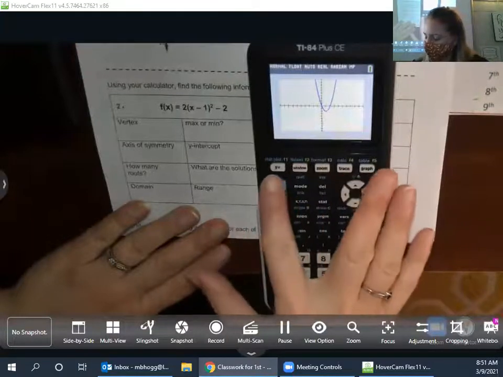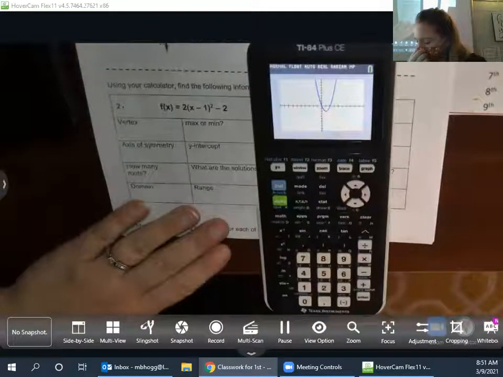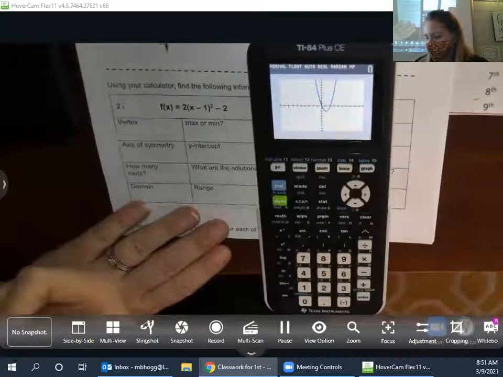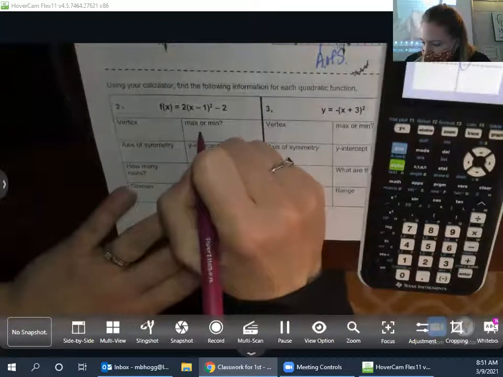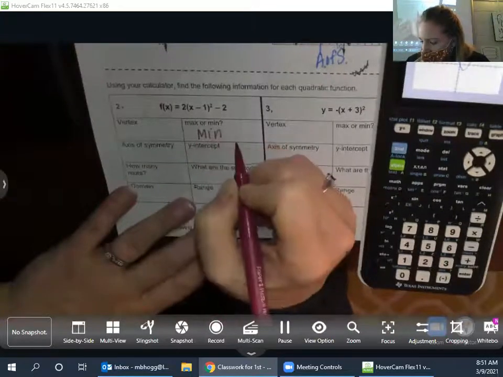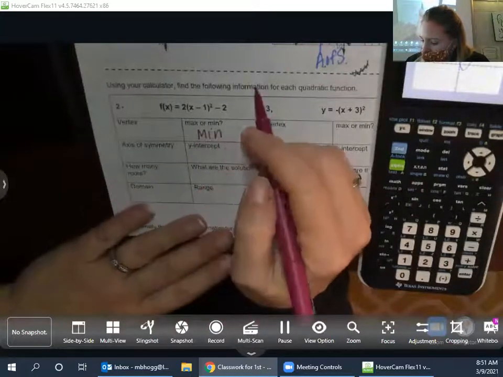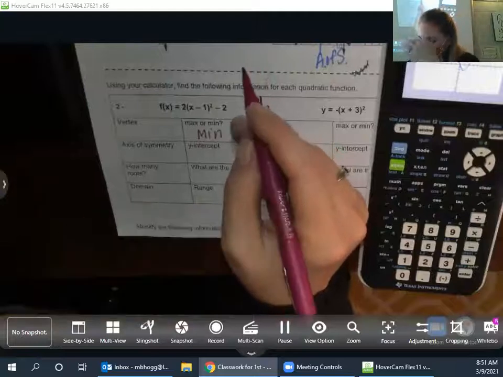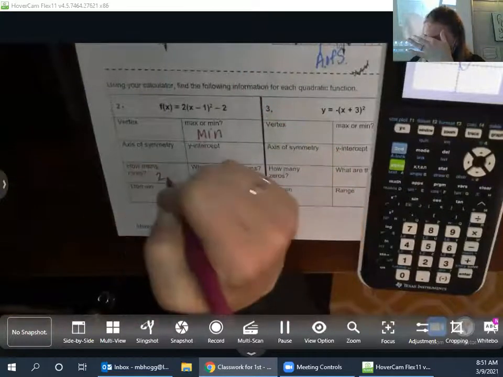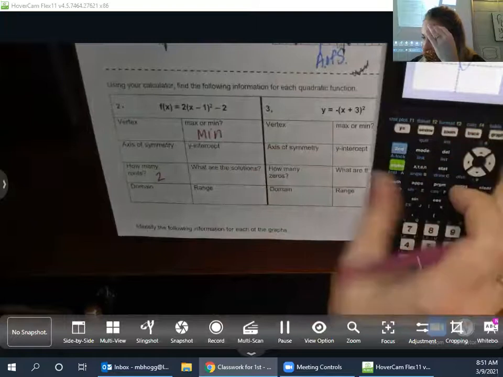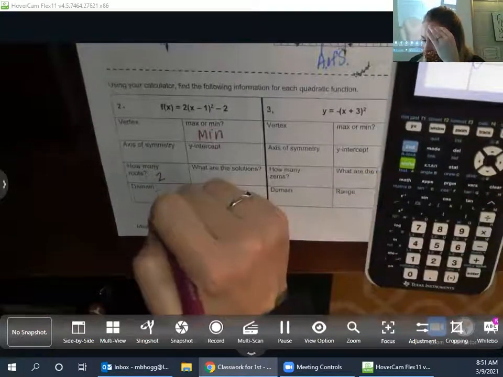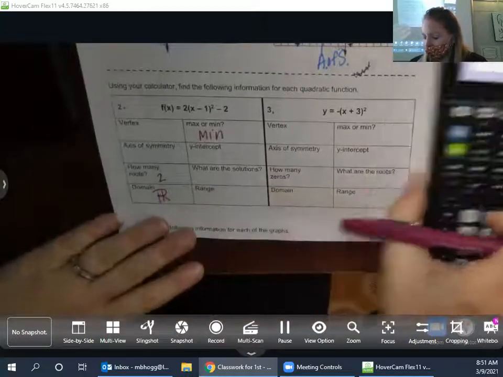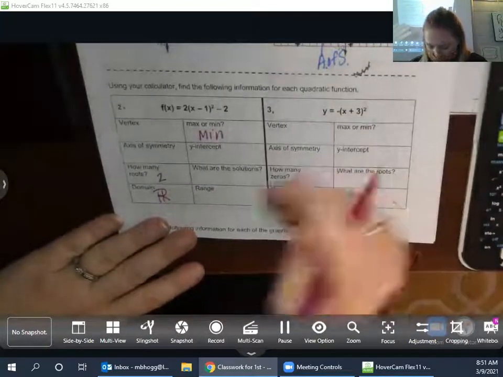Okay, so looking at the graph is really just going to give us a hint on if it's a min or max. We can tell from the graph. It definitely is a min. And there are two roots. There are 2 zeros because it goes through the x-axis twice. We always know domain is all real numbers, so you can put that on both of them.